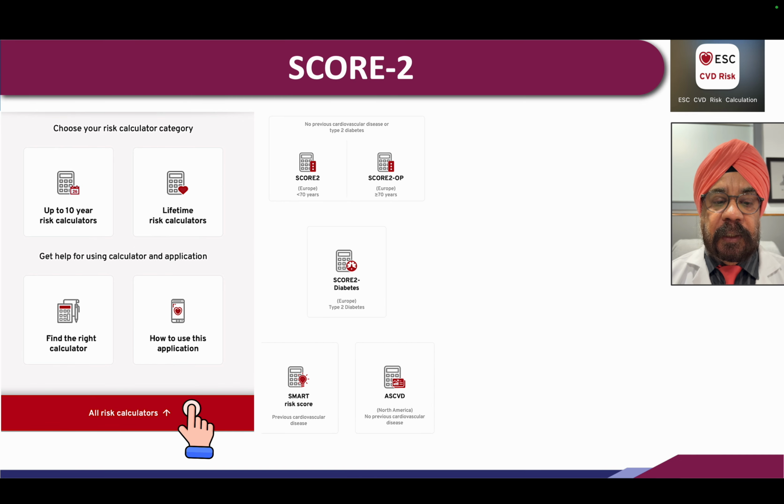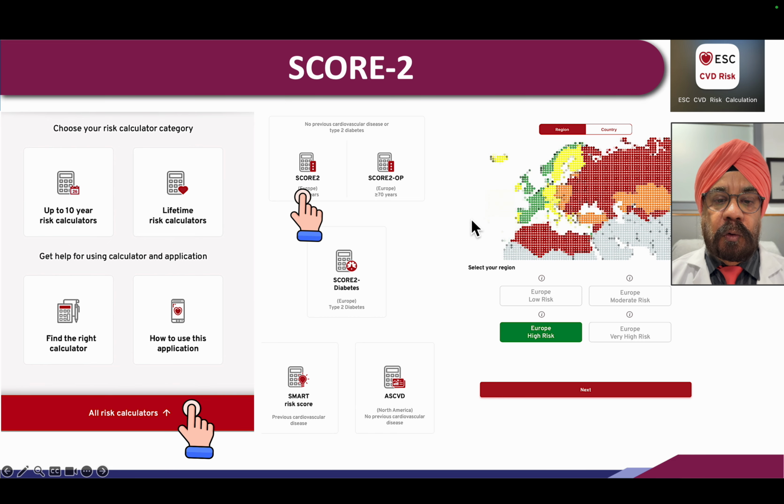So this is how we do it. You take the 10-year risk profile and go to SCORE2. In case the patient is diabetic, you can go to a diabetic score, or if the patient has already suffered coronary artery disease, you can go to that scoring system. We click on SCORE2 Europe, and then say which area you are living in. Being in India, we fall in a high risk category, so we choose a high risk region and click next.